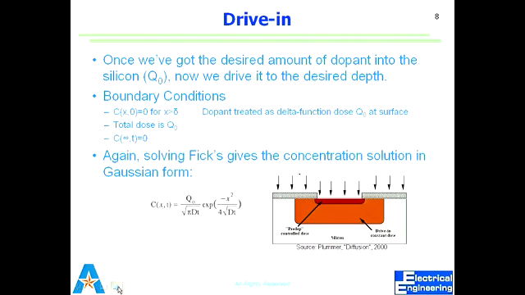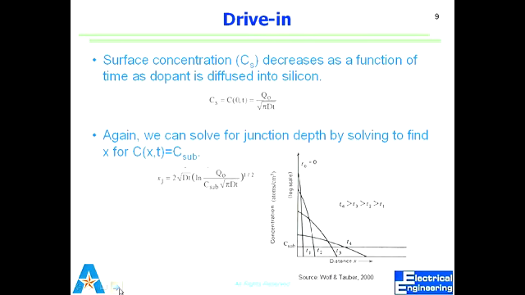Now we start from that interface, and if you solve that equation, we get a Gaussian distribution that falls off on the other side. And if you keep on doing it for a longer period, this is the profile of the dopant.